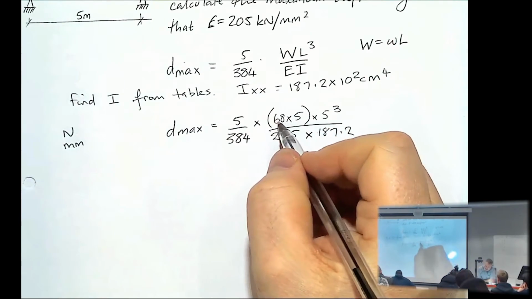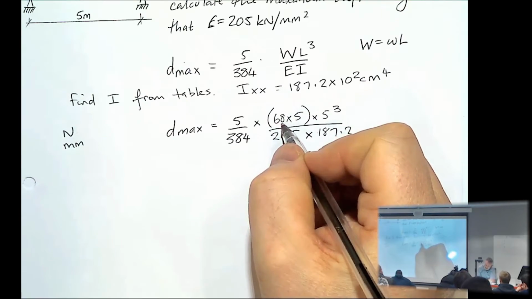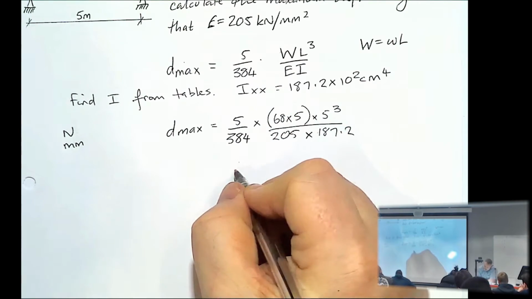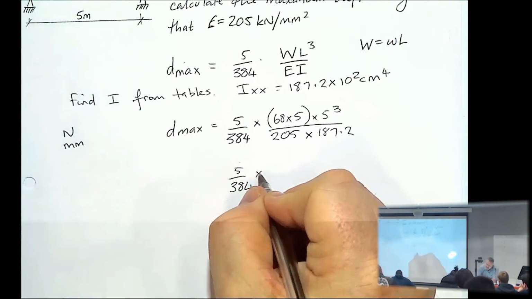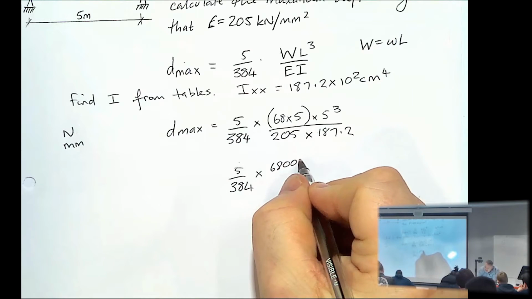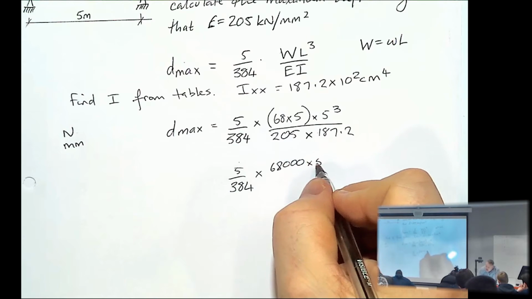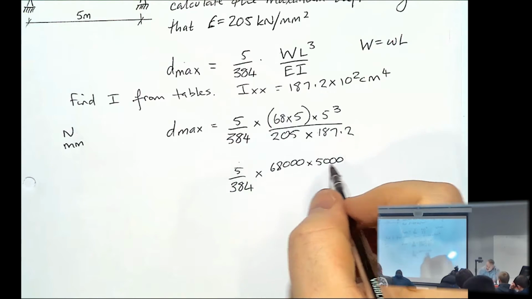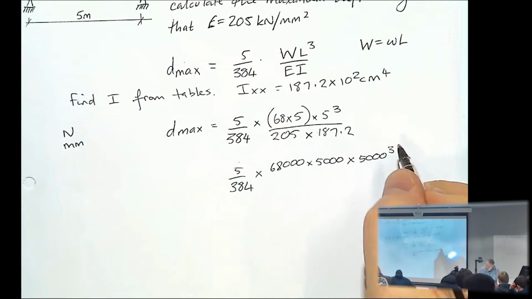So I'll rewrite this out. 5 over 384 times by 68,000 newtons times by 5,000 millimetres cubed.